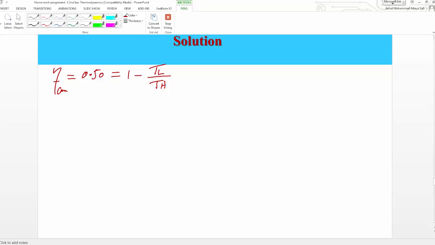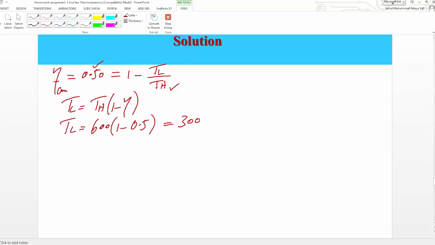This temperature is already known because we calculated it as 600. This is T1 or T2. And the efficiency is given, so I can find TL equals TH multiplied by 1 minus the efficiency. It's just a little bit of mathematics. Now, TL is equal to 600 multiplied by 1 minus half, and that's 300 Kelvin. This is equal to T3 and equal to T4.